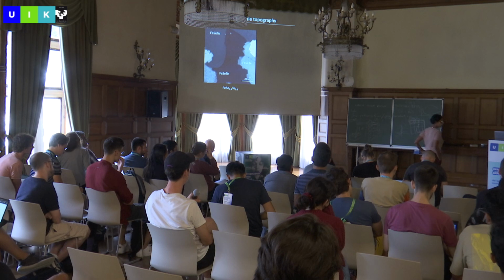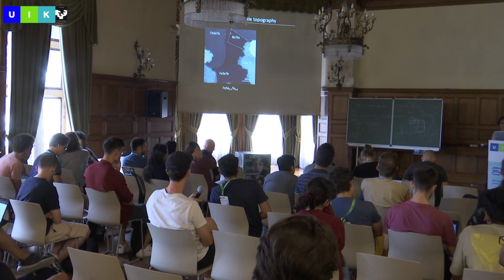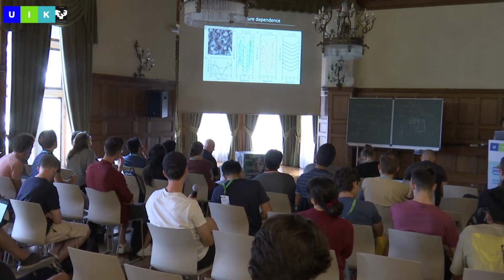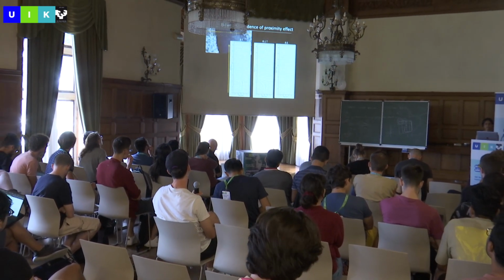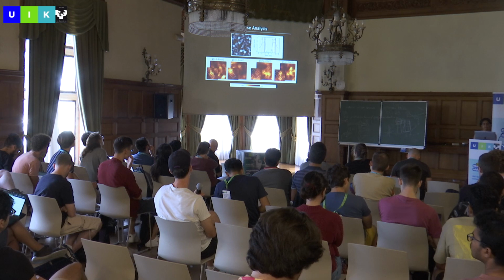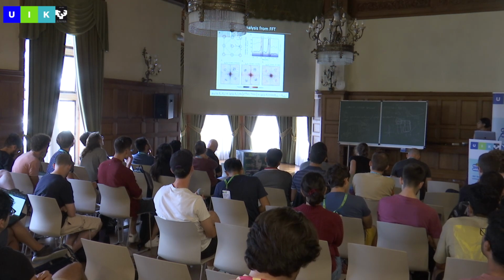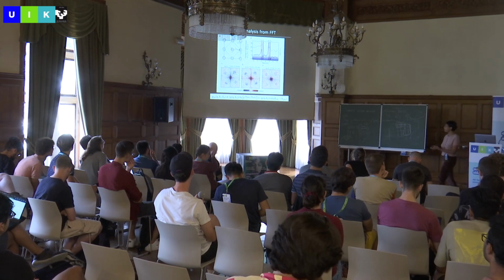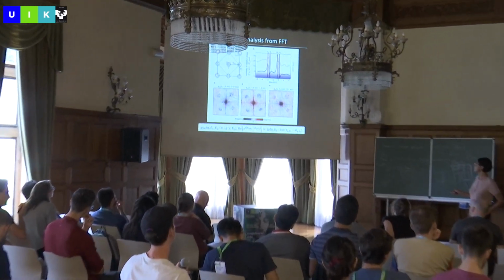So I'll show you very quickly what we do. What we do is we look at the Fourier transform. Let me just show you what we do. Yeah, so we can see these. This is like quasi-particle interference, but it's Bogoliubov quasi-particle interference.